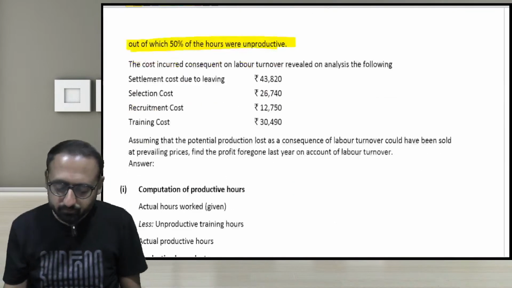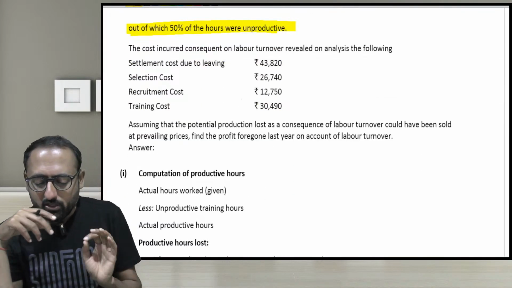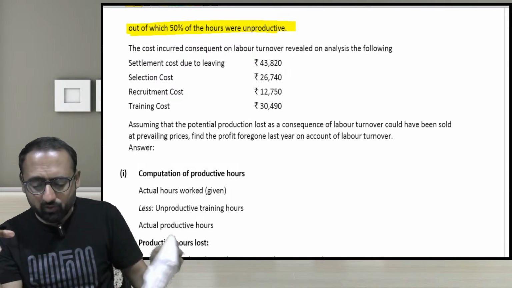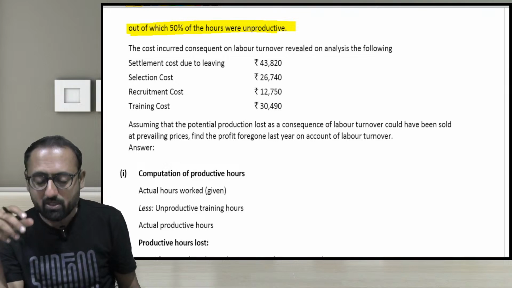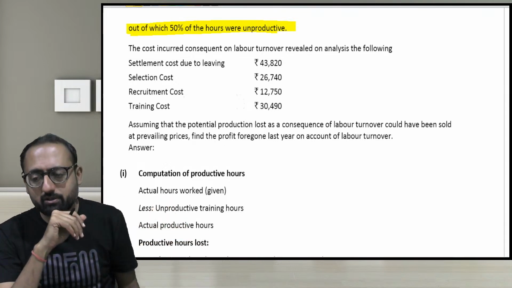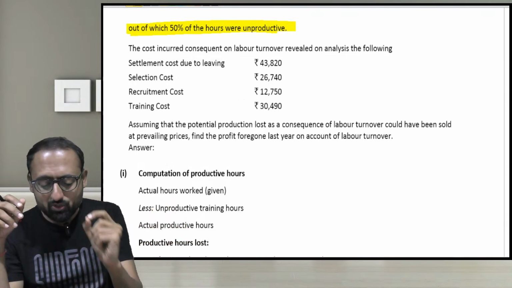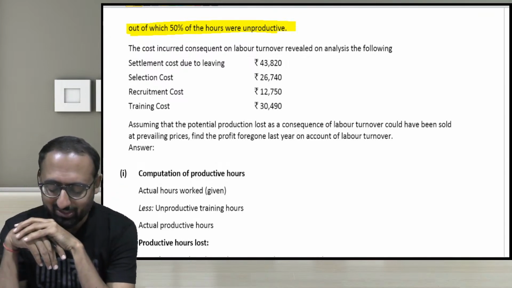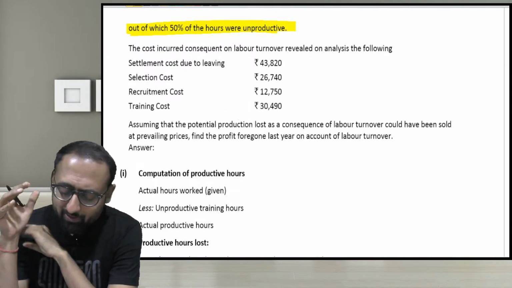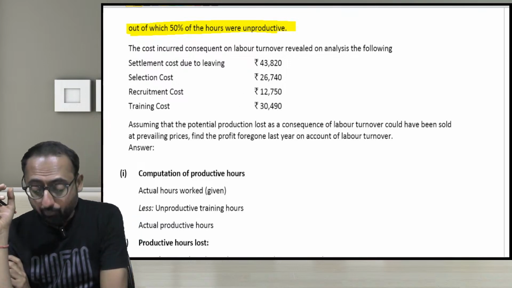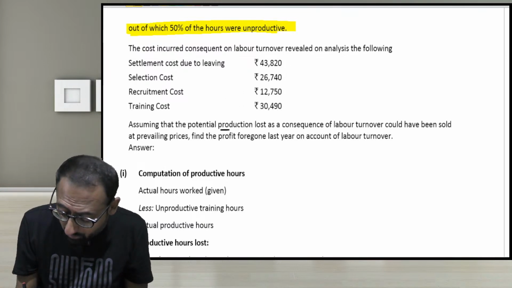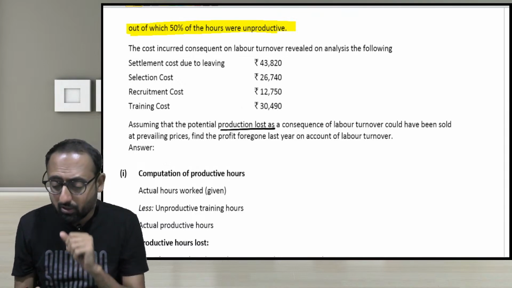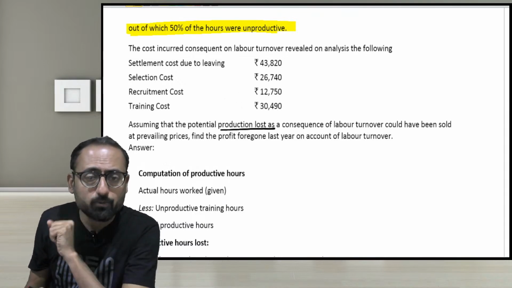Next. The costs incurred in consequence of the labor turnover reveal the following analysis: settlement cost of the old workers, selection cost of the new worker, recruitment and training cost of the new worker. So these are all the costs which are incurred. Assuming potential production lost, why is production lost?